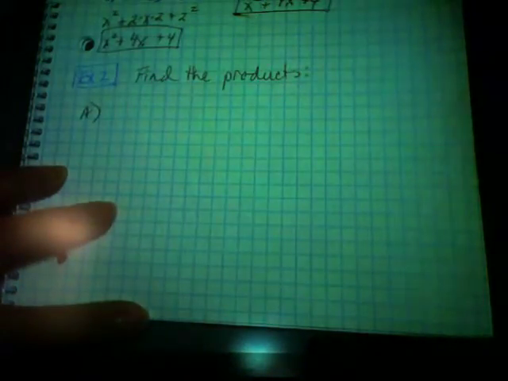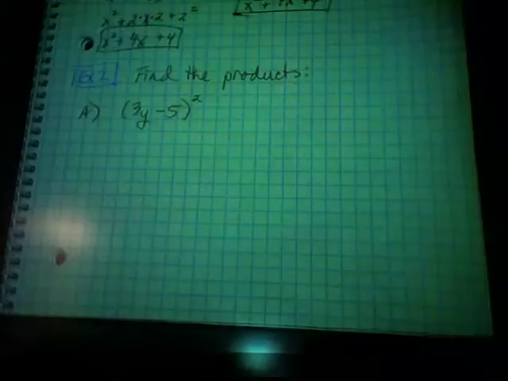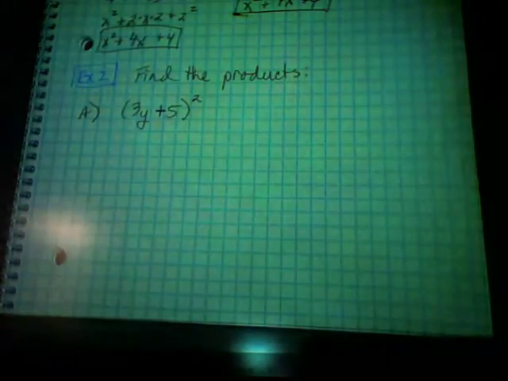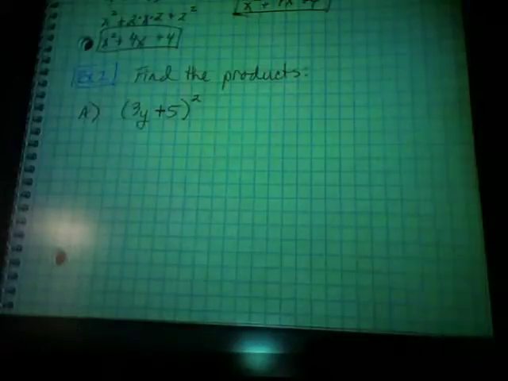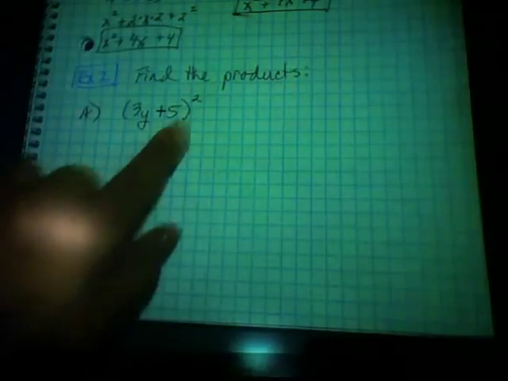So the first one that you're going to find is 3y minus 5 squared. Let's make this a plus. I'm going to go ahead and make that a plus: 3y plus 5 squared. The first thing I notice is I only have one binomial, but it's squared. So this is a squared binomial.